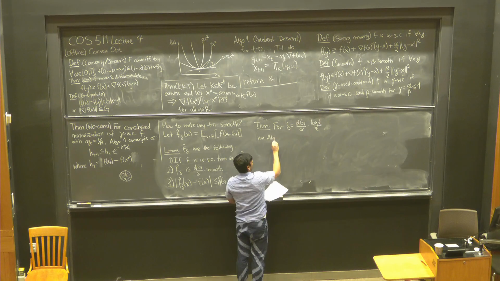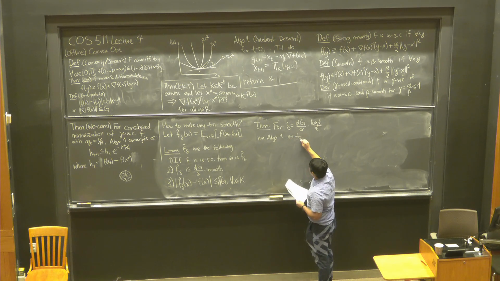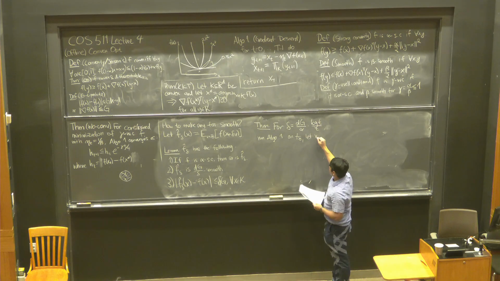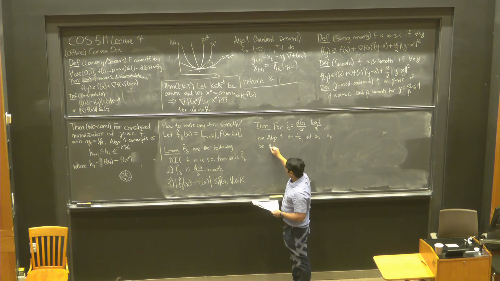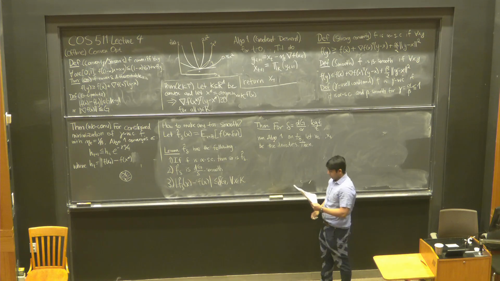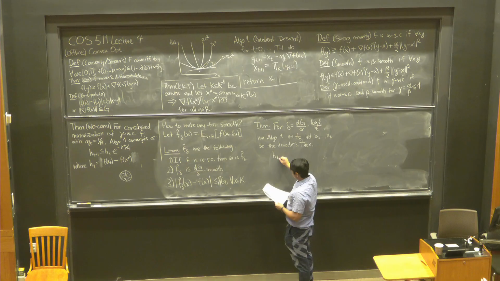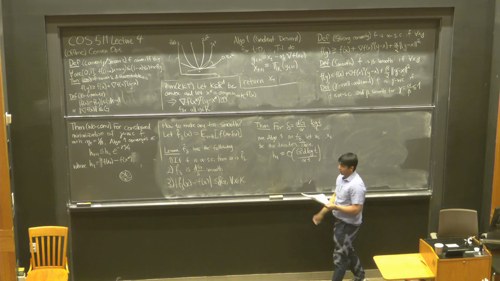So we're going to run algo 1 a final time on f delta. Let x1 through xt be the iterates. Then... okay, lots of variables here.